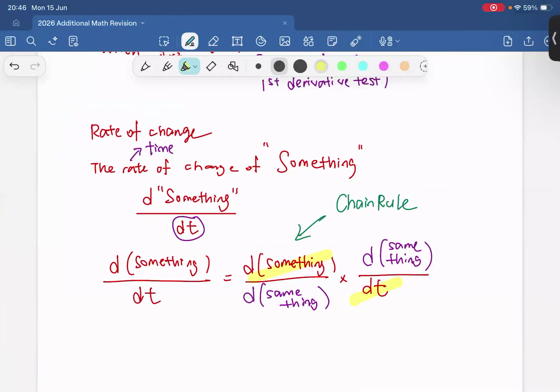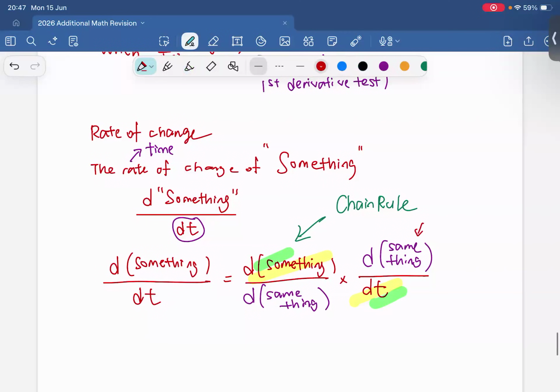Now, your rate of change, I say again: if the question says rate of change of something, then it is d something over dt. Write down these two things first, then go and think how to fill in these two.